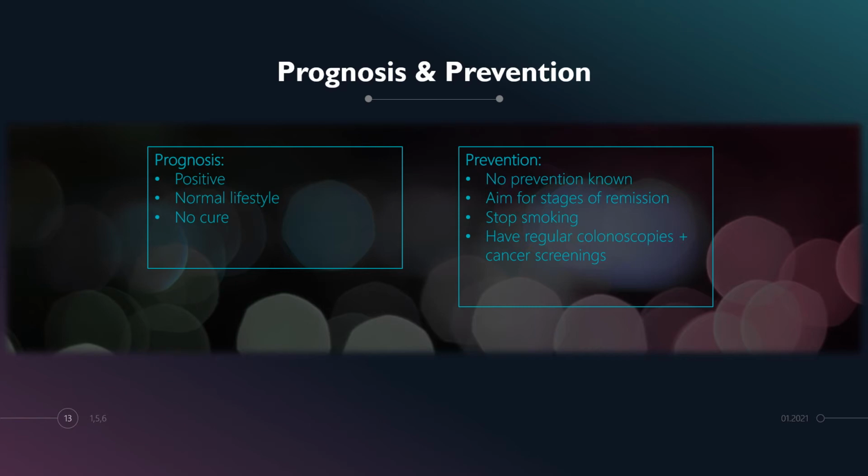And there are also some preventive measures that can be taken, such as having regular colonoscopies and cancer screenings for individuals who have had Crohn's disease for a greater period of time. The suggested amount of time is if you've had Crohn's disease for about 8 years, to begin having regular colonoscopies and cancer screenings about 1 to 2 times a year.